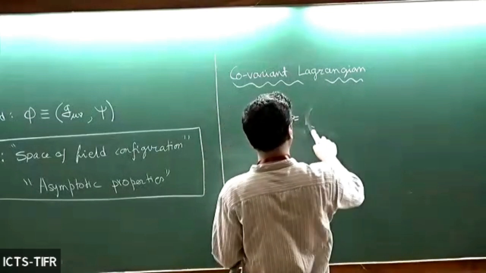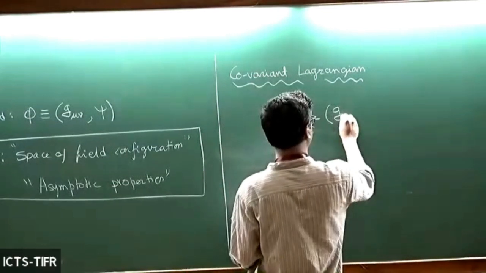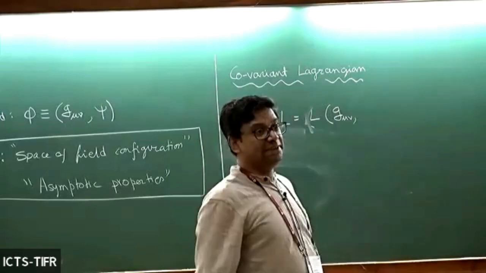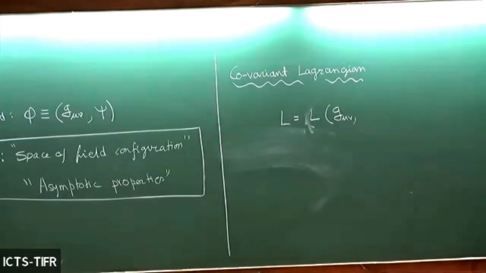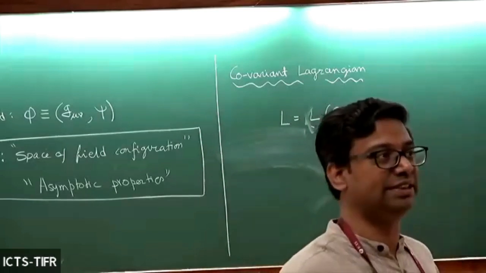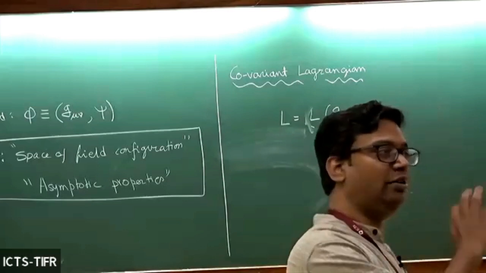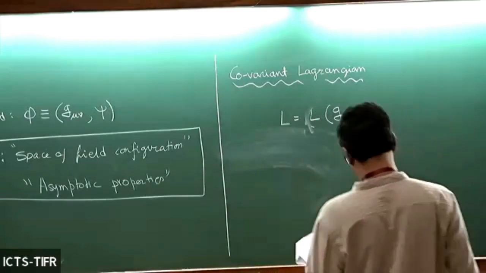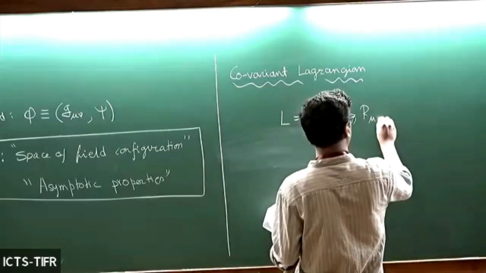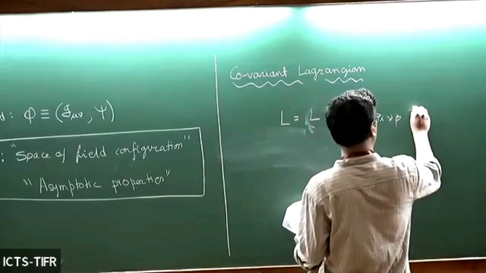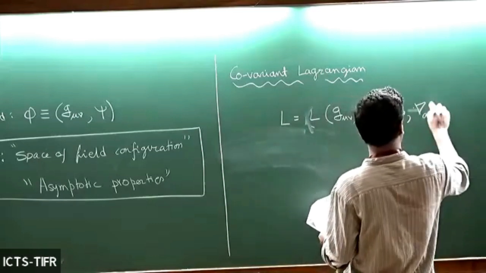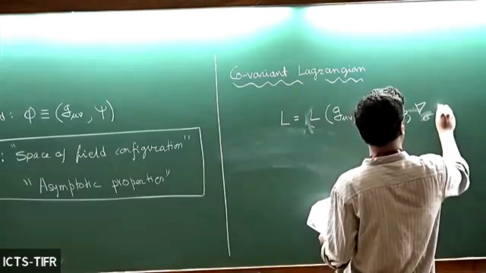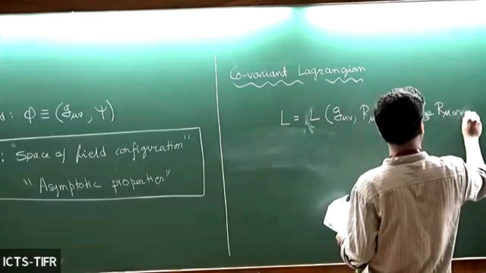is a function of the metric. In principle, I should have written it as a function of the metric, first derivative of the metric, second derivative of the metric, and so forth. But the equivalence principle comes in, because we can always remove the first derivative of the metric, since it is not tensorial, and write the Lagrangian as a function of the metric, curvature, and covariant derivatives of the curvature, and possibly higher.